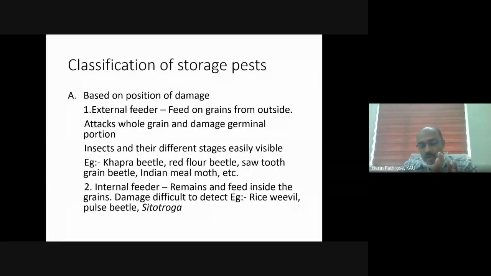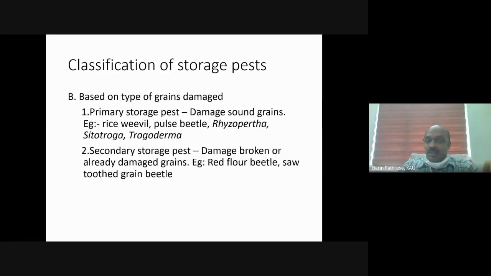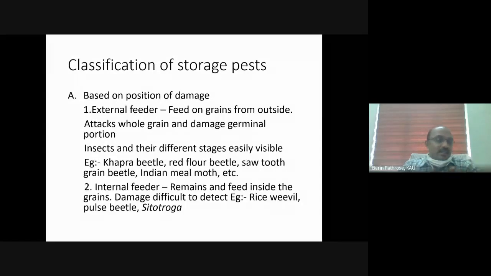So remember it carefully. We have two types of classification of storage pests. One is based on the position of damage, and the second classification is based on the type of grain damage. I will repeat, storage pests are classified based on the position of damage and the type of grain damage. It is pretty easy to understand, it's not that difficult.